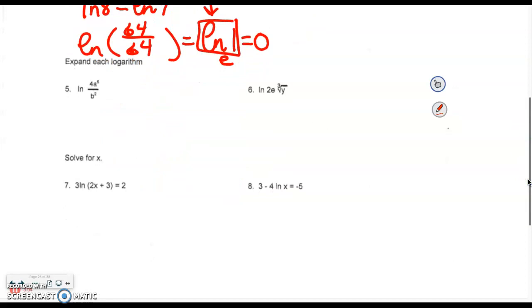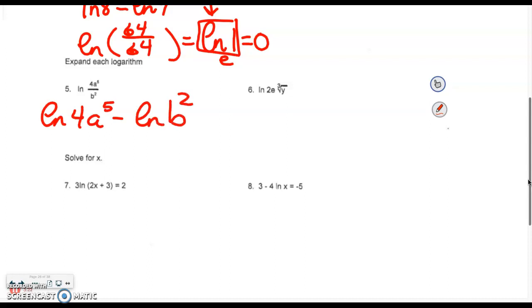We're going to expand it into all of its logarithms, and when you read it, it tells you what to do. This is the natural log of 4a to the 5th divided by b squared. The minute I say divided by, I'm going to take the natural log of 4a to the 5th and subtract off the natural log of b squared.